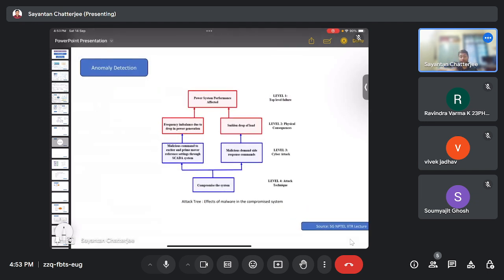So we have various cases. Now things have become much more complex with the integration of DERs.